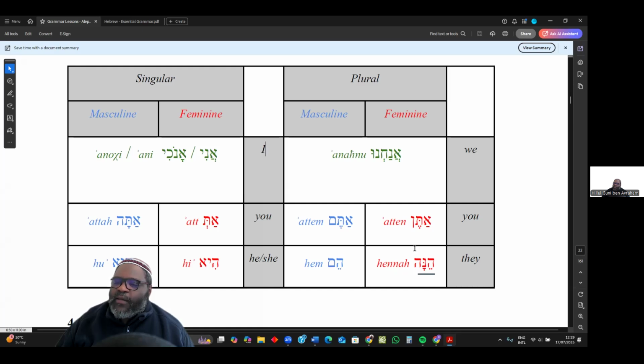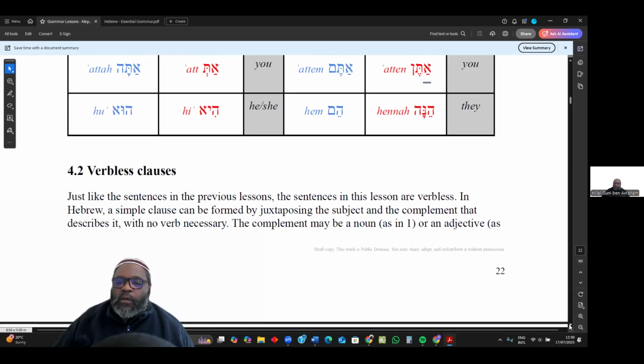Hem, men. The tav has got a dagesh here for you. Aten, because of the dagesh. Aten, atem. Aten, because the tav has got a dagesh. Here we have at, because of the dagesh. At, we pretend as if there's a double tav. Okie dokie.